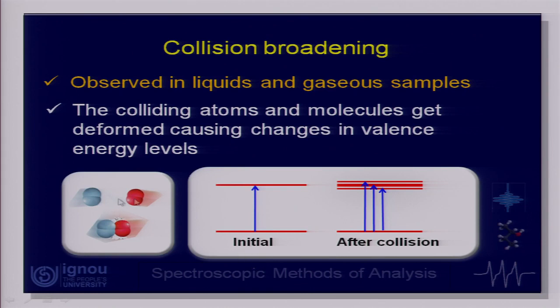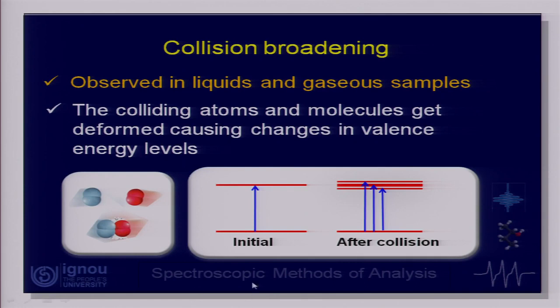You have these molecules which are moving around, because molecules are not stationary, they are always in random motion at very high velocities. Now, suppose I have one isolated molecule, and this is the initial energy level and this is the final energy level. So, this delta E is the energy which will be absorbed, and that will be represented in the spectrum. It will come as a distinct line maybe.